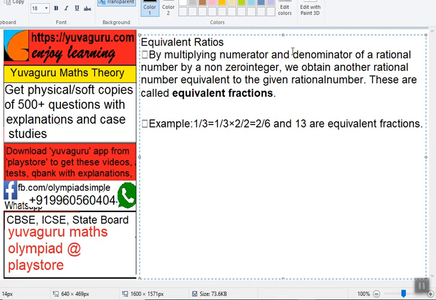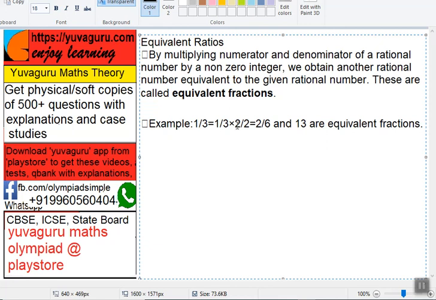Next is equivalent ratios. By multiplying the numerator and denominator of a rational number by a non-zero integer, we obtain another rational number equivalent to the given rational number. Means what? See this example. 1/3 is one rational number. You can call it a fraction.